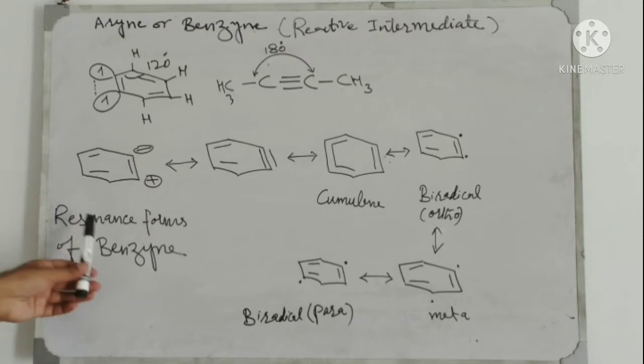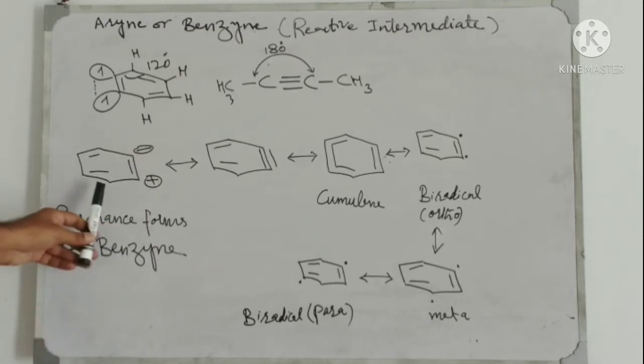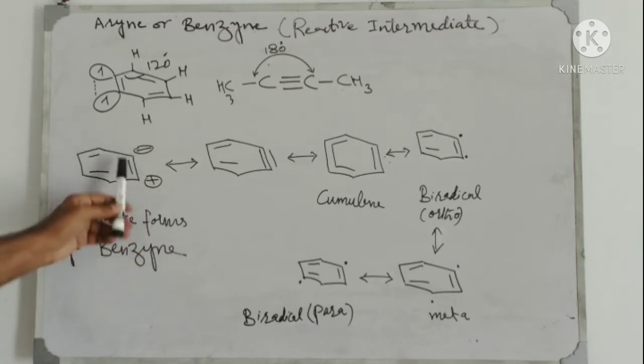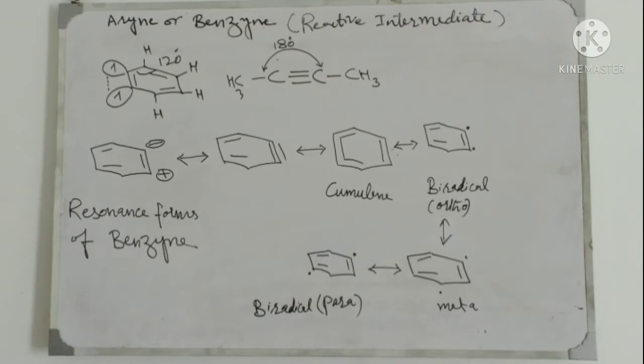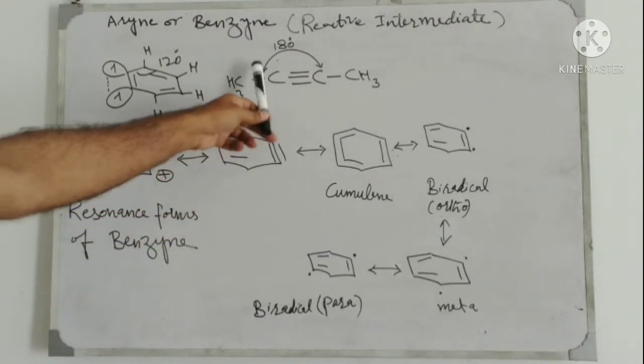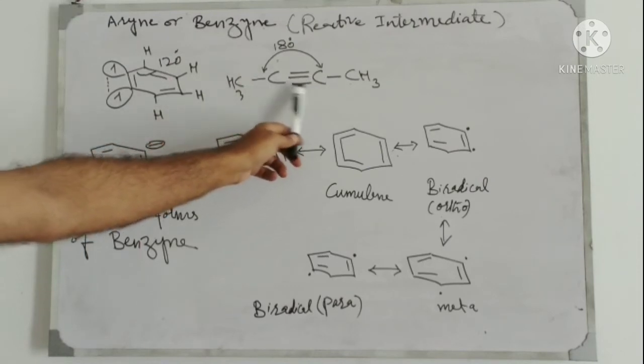Here these are the resonance forms of the benzyne. This benzyne can be shown in dipolar form. Here these dipoles are formed on this benzene ring. In normal alkynes, this bond angle is 180 degrees, so alkynes are normally linear molecules.